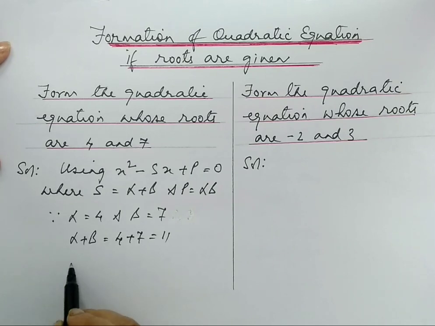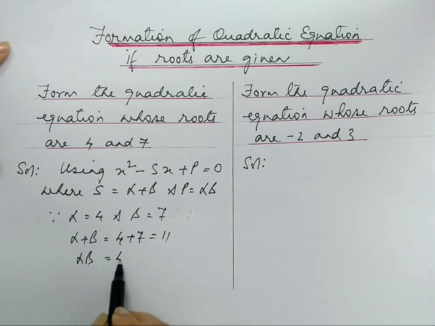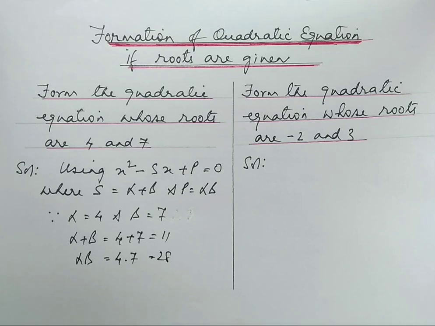Similarly, we find alpha times beta, that is 4 times 7, which is equal to 28.